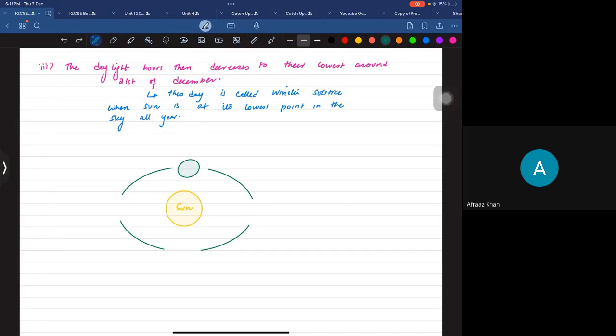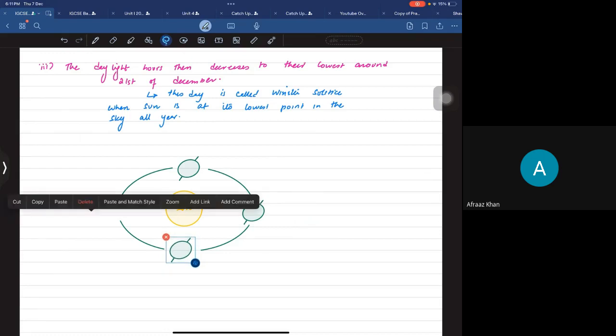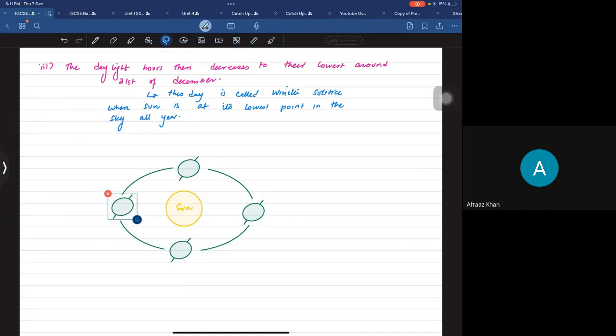In fact, let's draw this, because Earth is a bit tilted like this. So around the year, it just goes like that. Okay, around the year, around the sun, in the whole year, like that. All right, kids.